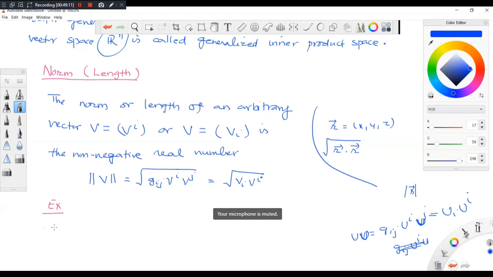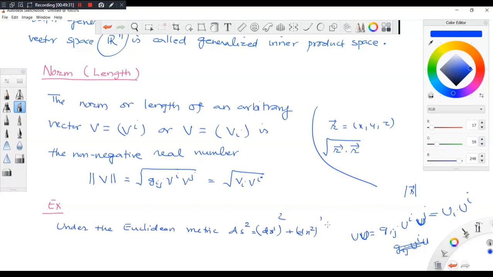Okay, for example, under the Euclidean metric, ds square is equal to dx1 square plus dx2 square plus dx3 square.